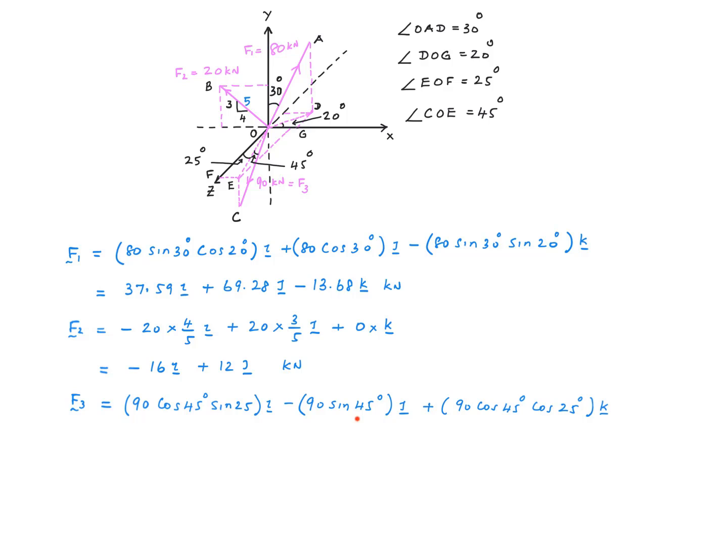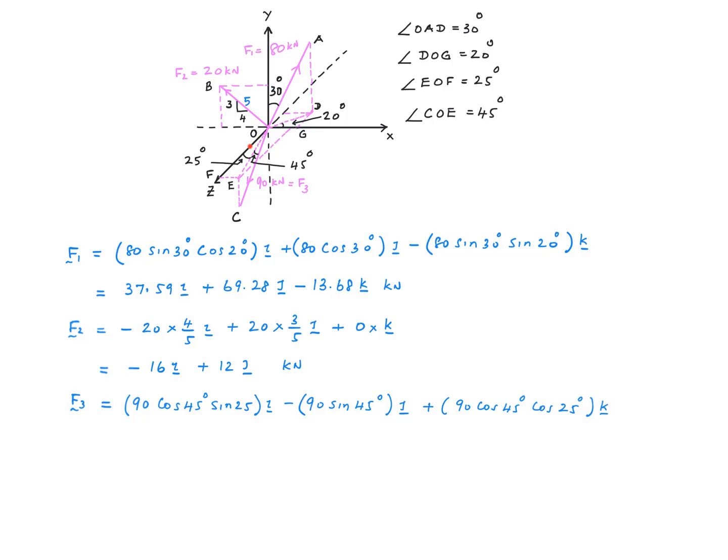Minus 90 sine 45 goes with the unit vector j. 90 cosine 45 gives me this distance from O to E. We're going to take that and resolve that along the z-axis and the x-axis, right? So you see 90 cosine 45 appears both on the x component and the z component.